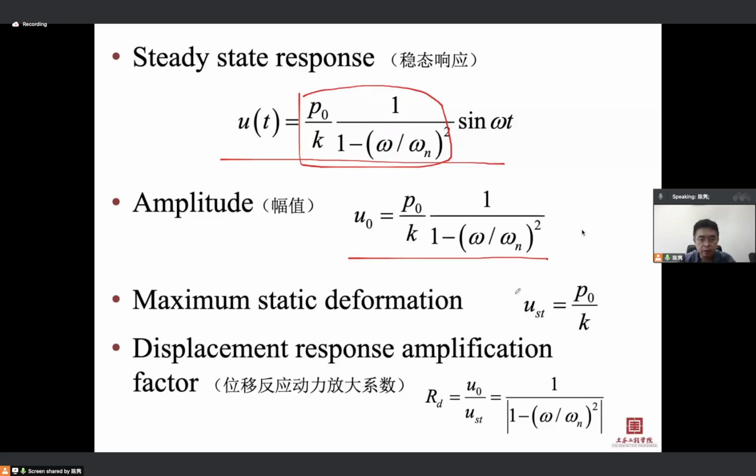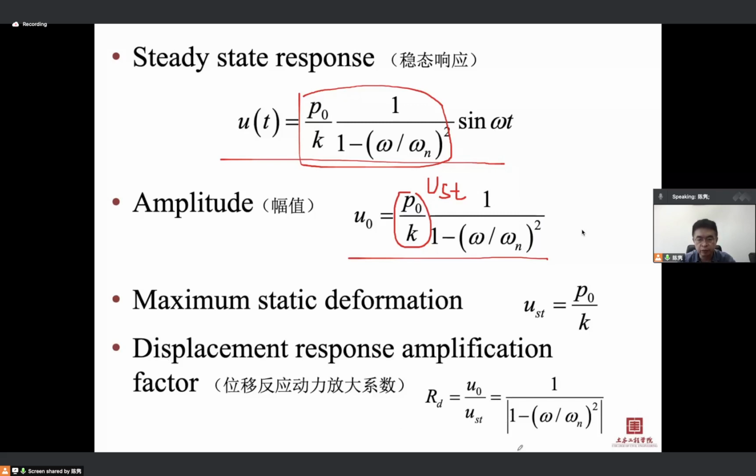And we know that the maximum static deformation is P0 over K, which means this part is static deformation. And this is amplitude, which means this part is like a factor applied to the static deformation. So we define this as a displacement response amplification factor.